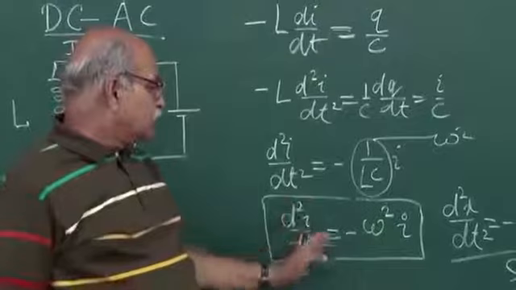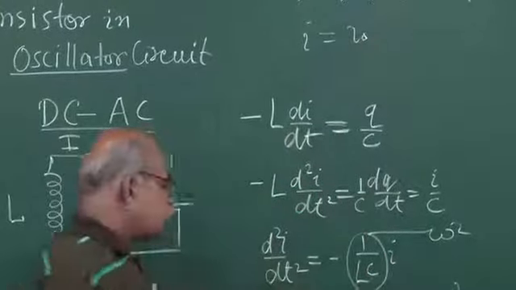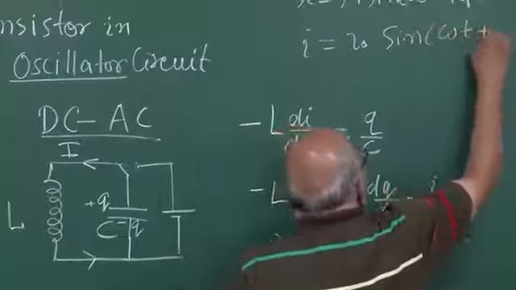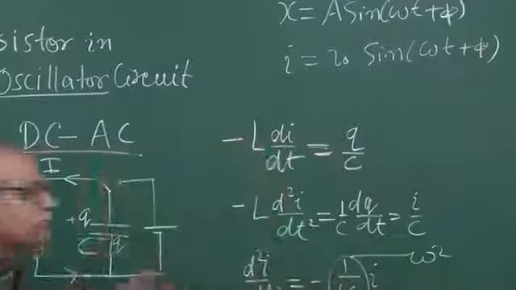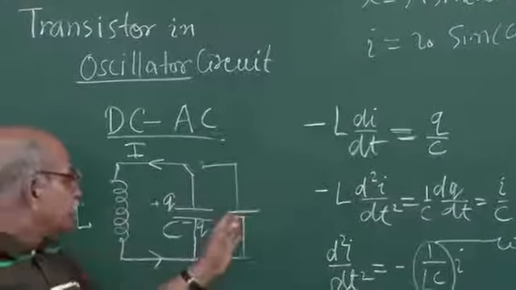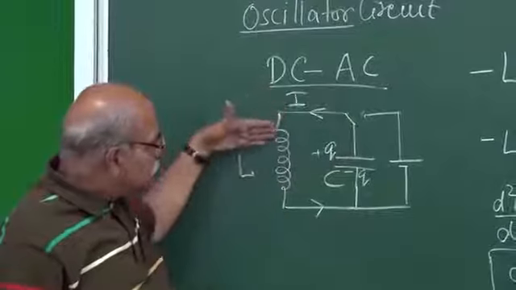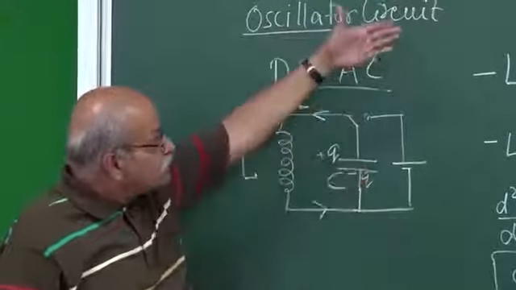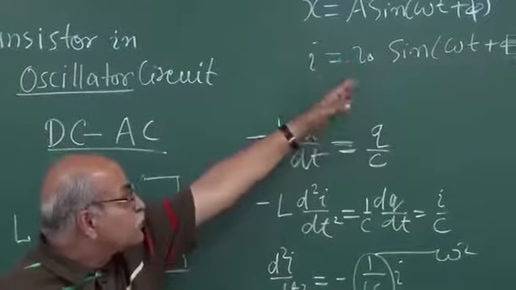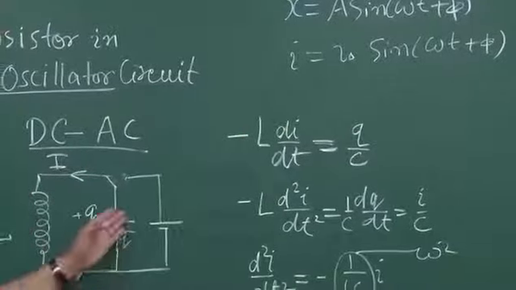The solution of this equation will be I equal to some constant, you can write it as I naught, times sine of ωt plus φ. So the current oscillates in time. It goes from plus I naught to minus I naught. So what will happen physically? Physically the current goes like this, then it changes its magnitude as a function of time, and finally it changes sign also, and goes up to minus I naught. So it goes this way, and then this way, and then this way.